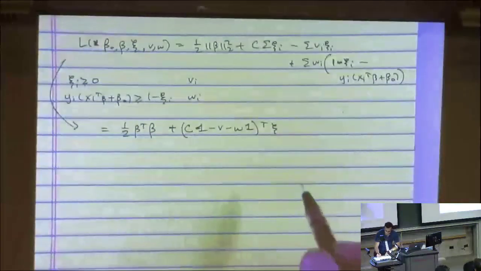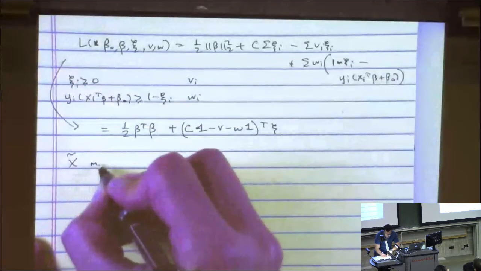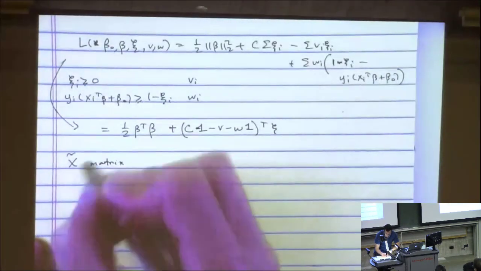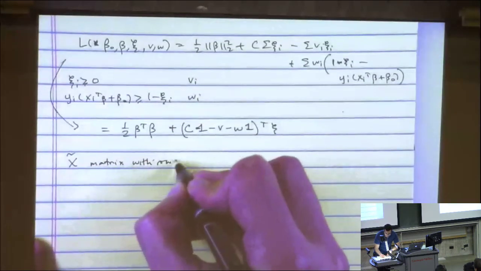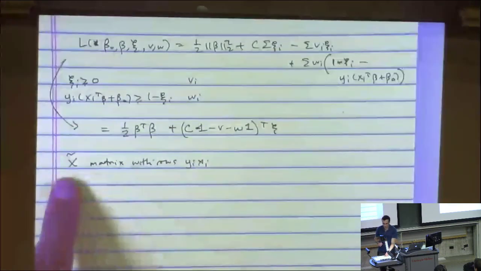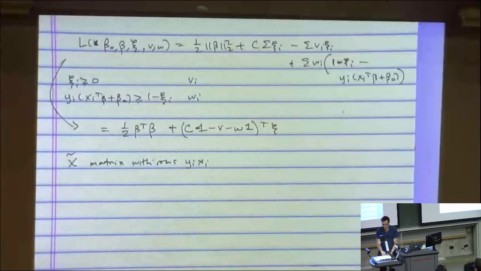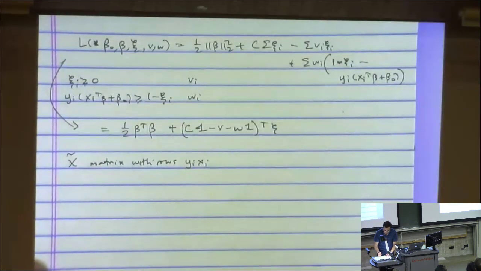Now I'm going to define x tilde to be a matrix with rows yi times xi. So xi were the rows of x, but x tilde I'm going to multiply its rows by the sign of the corresponding class. It makes this a more convenient expression.